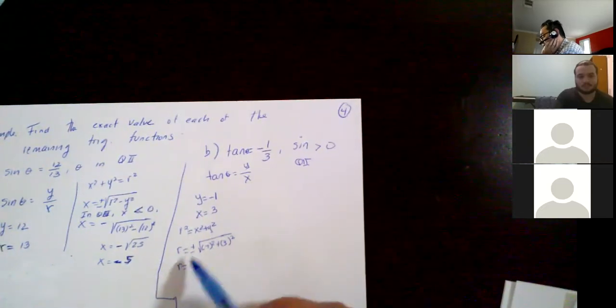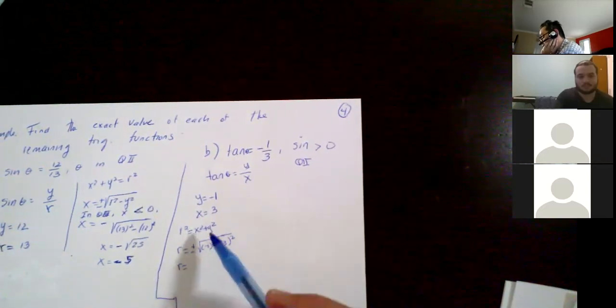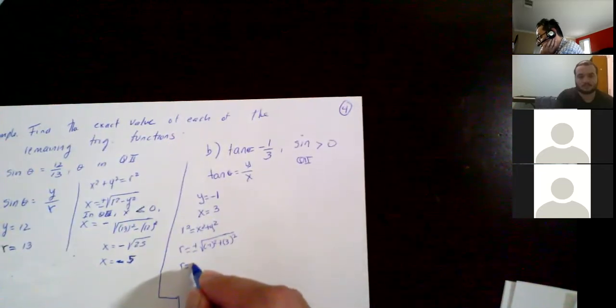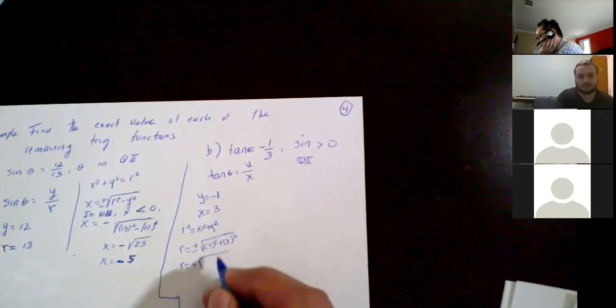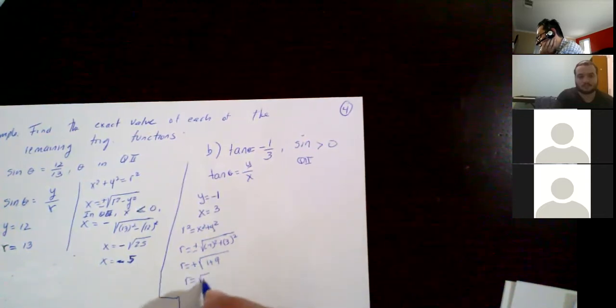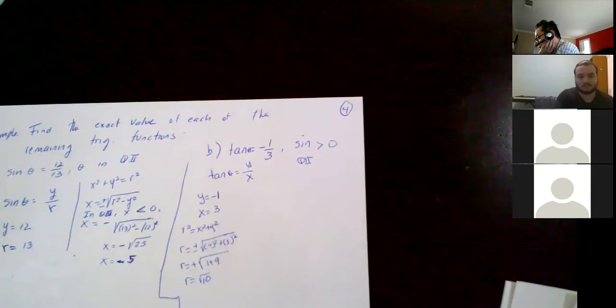Since this is the radius, it is never negative, you guys. It's always positive. And that would be 1 plus 9, and r would be a square root of 10, by the way. R would be a square root of 10.